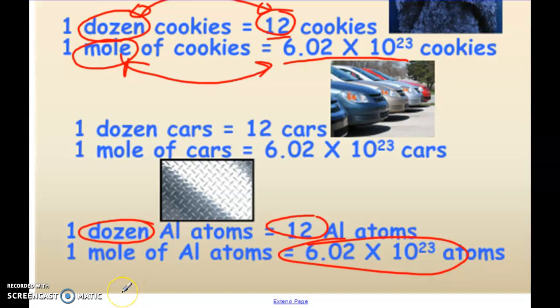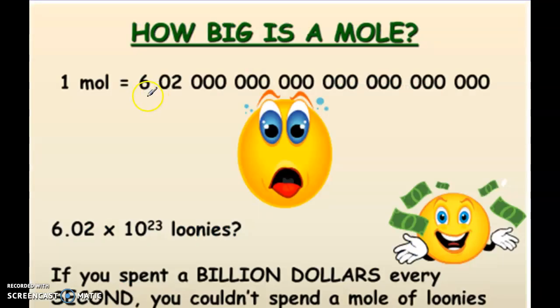Now, would we apply it to anything? Well, no, because this is a really, really big number. Okay, look at the number drawn all the way out. 6.02 times 10 to the 23. Remember scientific notation, that means the decimal point has been moved over to the left 23 times.